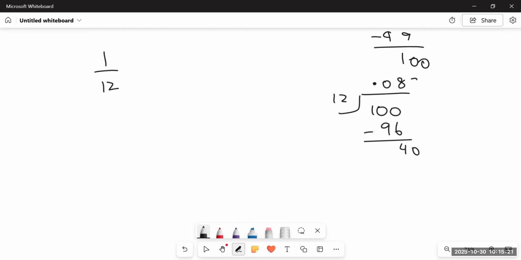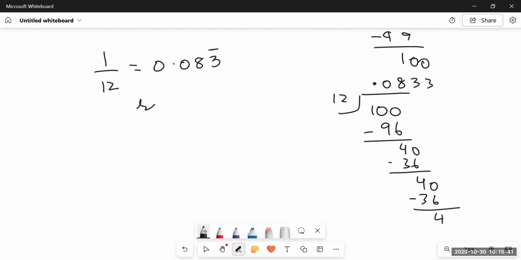Put a 0. 12 threes are 36. So every time when we subtract 36 from 40, we will get 4 as the remainder, and the chain continues. So it's again 0.083 with a bar, which means it's a recurring decimal. That's all.